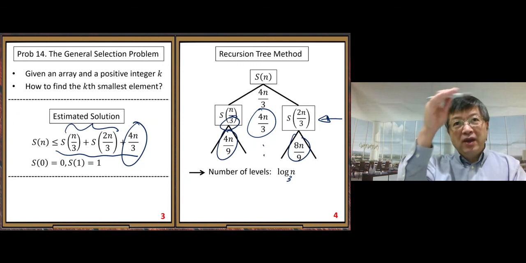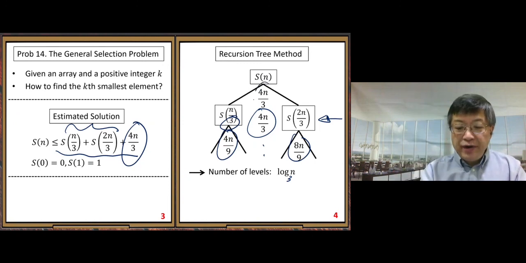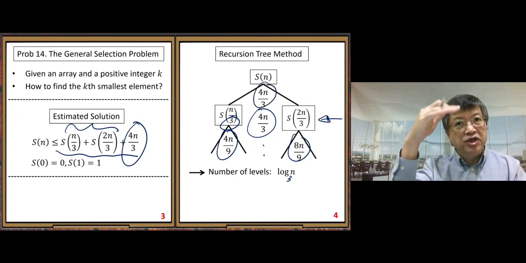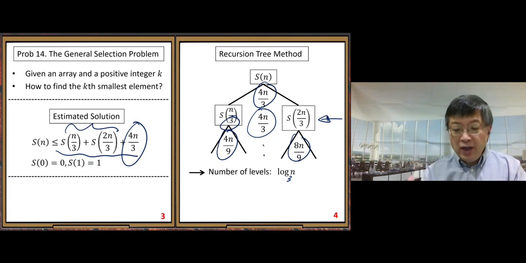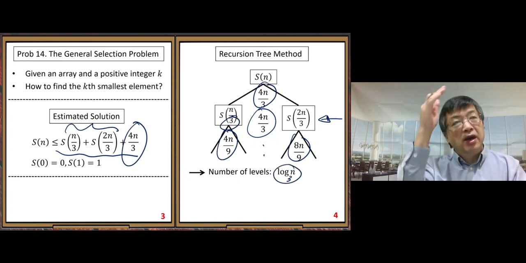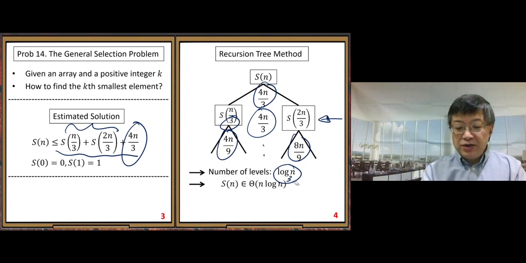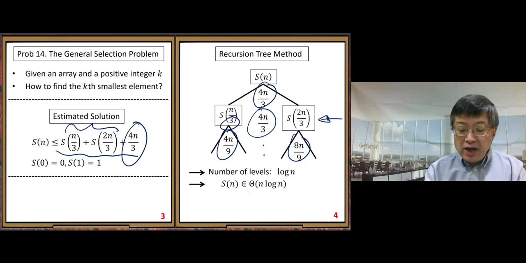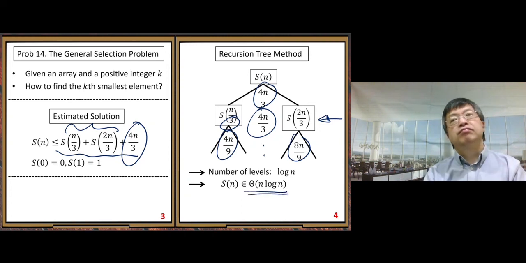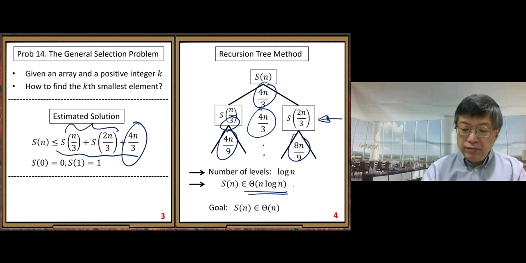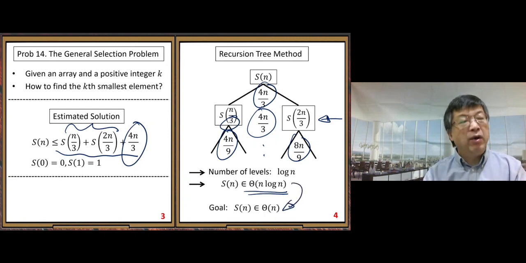Then accumulation: each level has the same non-recursive term value, 4n over 3, but you have this many levels. So you can estimate S of n is in big theta of n log n. But you can see that's still not quite our goal, big theta of n.